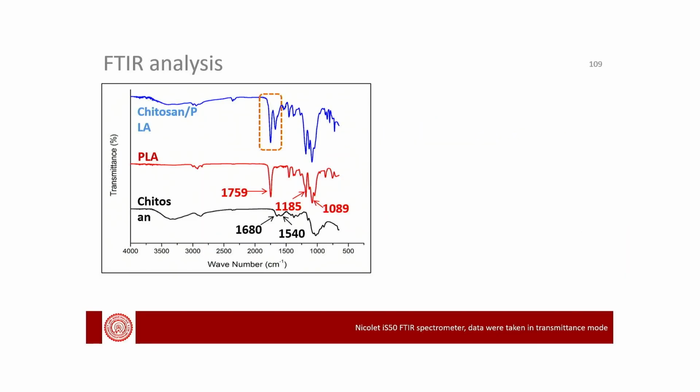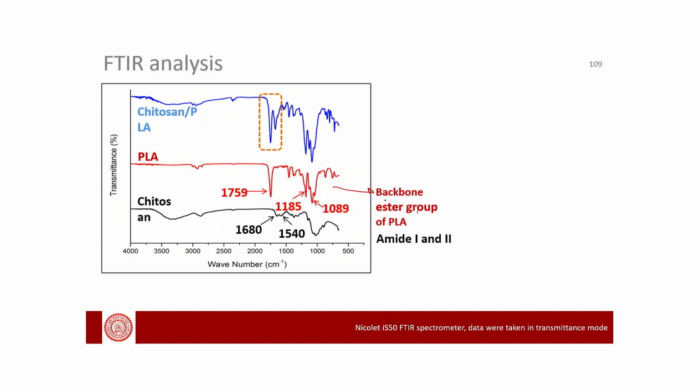Now, to see whether the chitosan and PLA have mixed properly or not, we have done different analyses. FTIR analysis shows here, you can see the red color curve, which is the FTIR of PLA.